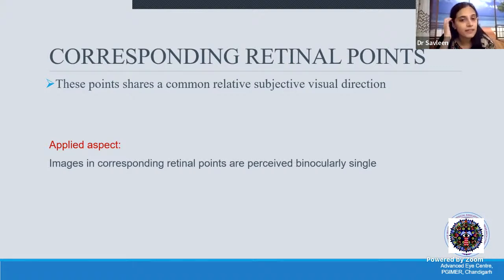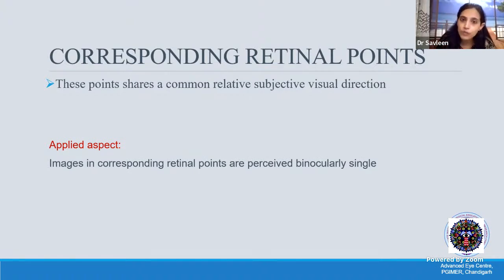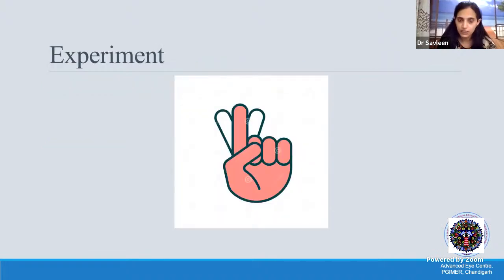So the applied aspect is that although we have two images, we have two eyes, we are still perceiving it binocularly single. In order to just sum it up, what is a corresponding retinal point? If we look at the screen that you are looking at right now, maybe on your mobile or your PC, and you put a little bit of pressure on the lateral canthus of your eye, you see the screen is kind of getting displaced.